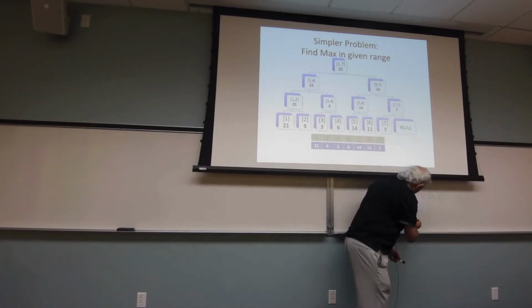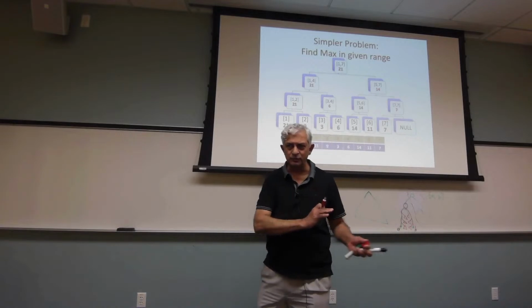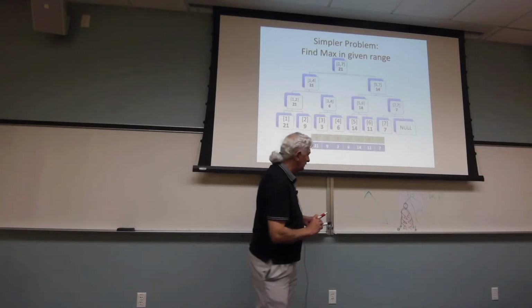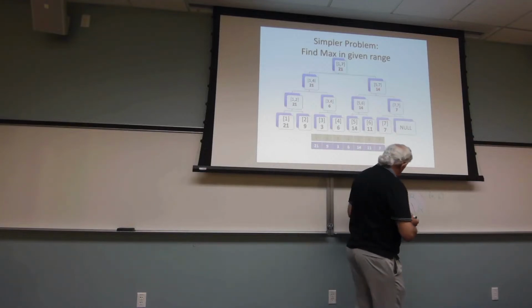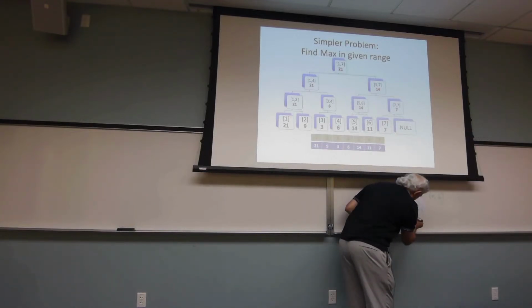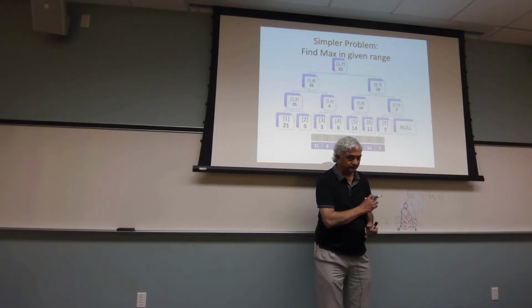And similar considerations will happen for the other side: anything that hangs as a left subtree is going to contribute to the answer in completeness, and so you can use all of those. If there are any right subtrees here, or if there are any left subtrees on this side, I can ignore them because they're going to be outside my range.